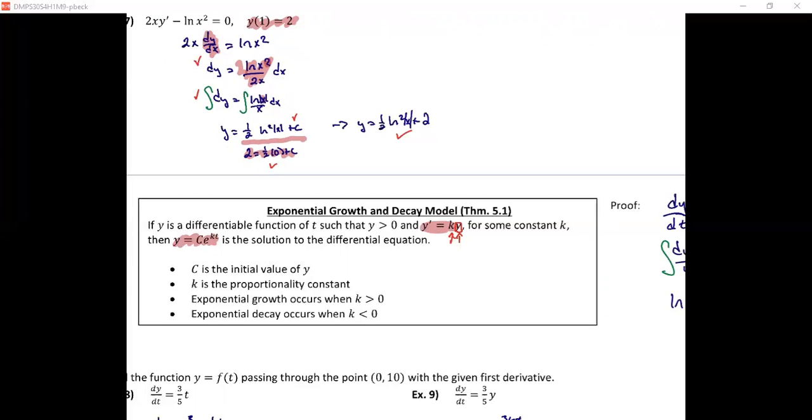This is such an important theorem that you really need to know, because it's your job to connect that y prime equals ky turns into an exponential. I've seen lots of AP multiple choice problems where they say, okay, y prime equals 3y. What kind of function does it represent? Your choices are really like exponential, quadratic. I can't think what the other ones are going to be, but they have lots of different choices there.